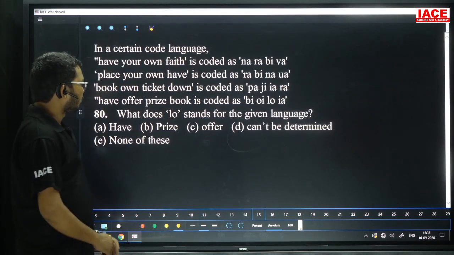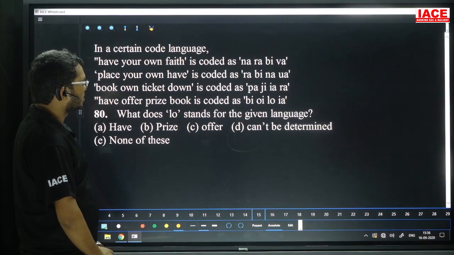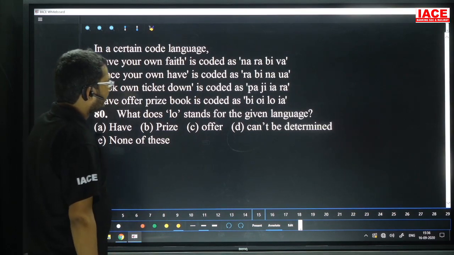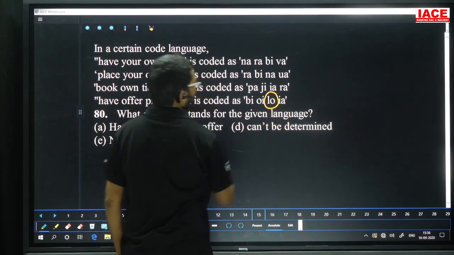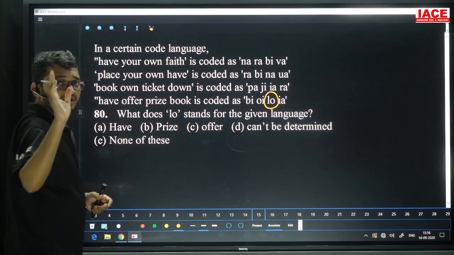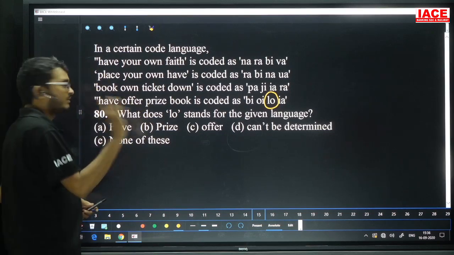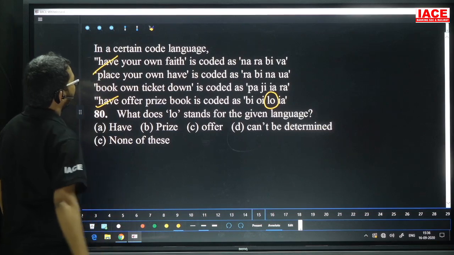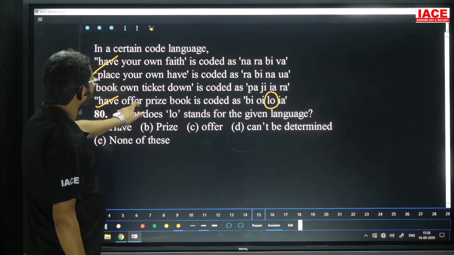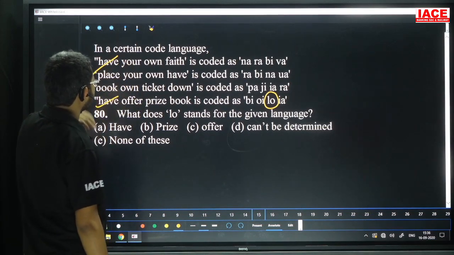Question number 80. What does LO stand for in the given language? Friends, check here. LO is present in which lines? Here we have LO, here we have LO. So LO is present in only the fourth line. Then in the fourth line, only information. Now eliminate common information. Next one, offer, not there. Next one, price, not there.